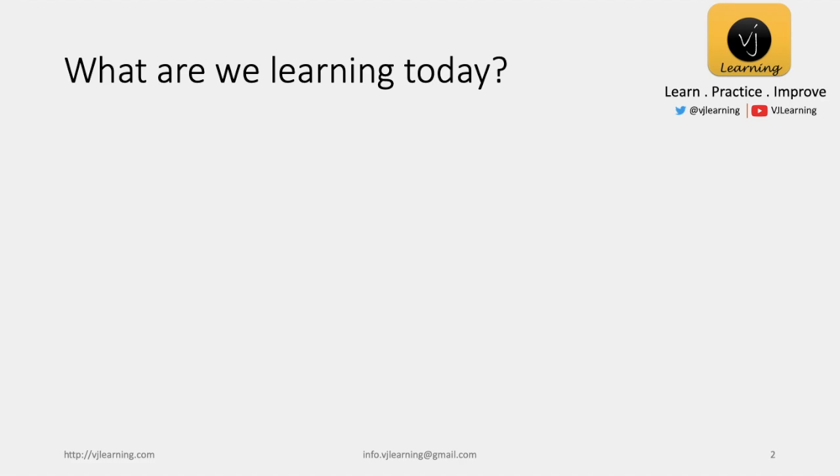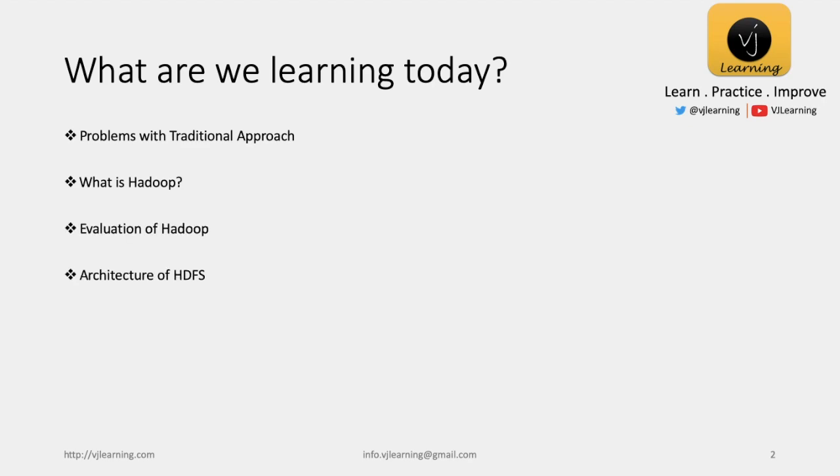Today, we're going to learn about the problems with the traditional approach, what the current problem in the world is, what Hadoop is, why Hadoop's existence is required, and the evolution of Hadoop.